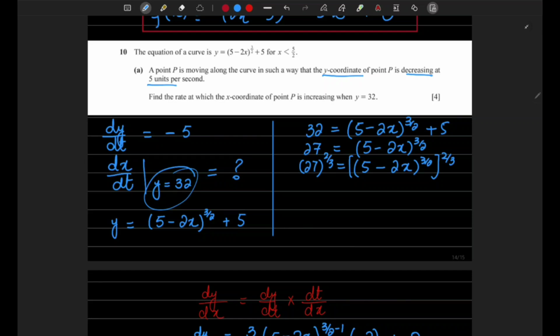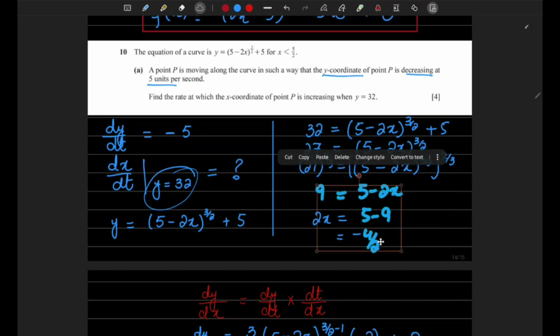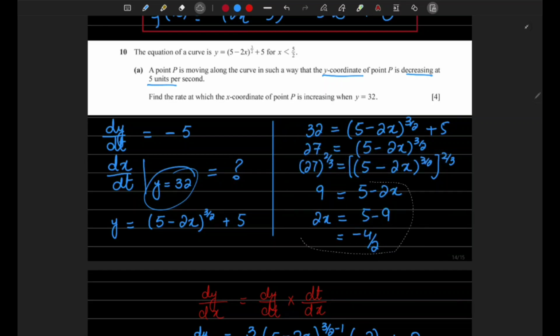So what will we be left with? We'll be left with 5 minus 2x equals 3 squared, 9, and 2x will equal 5 minus 9, that would be minus 4, over 2, that would be minus 2. So we'll be left with x equals minus 2.